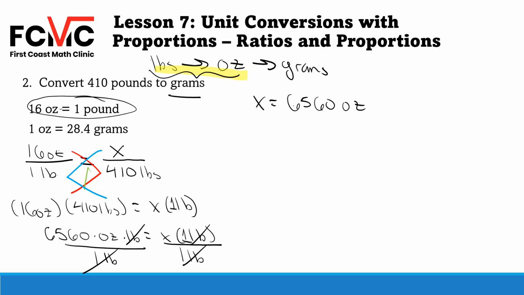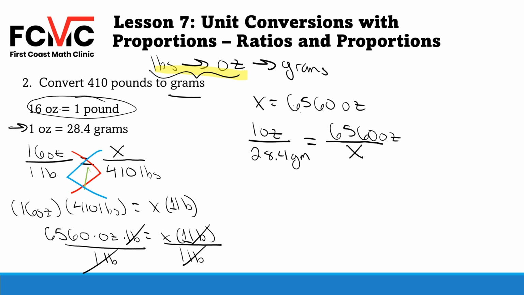So we've got our ounces, so we've done this conversion. Now we need to do this conversion, ounces to grams. So let's set up our ratio. We'll do 1 ounce over 28.4 grams. So ounces over grams, we'll do 6,560 ounces over x grams.